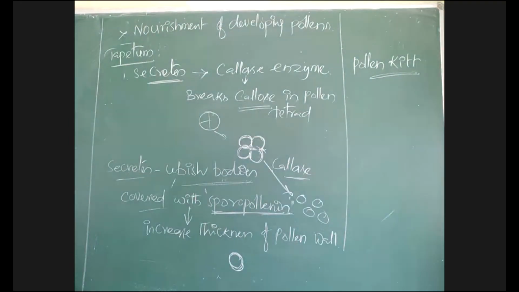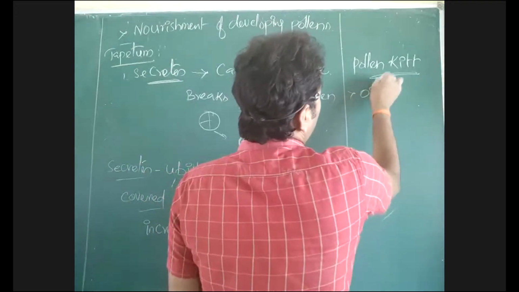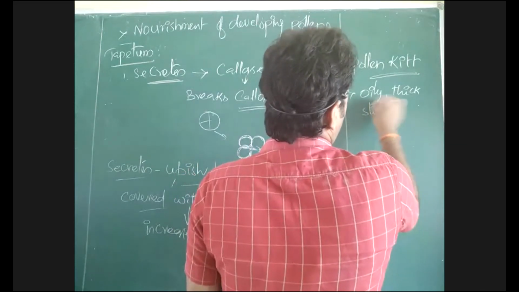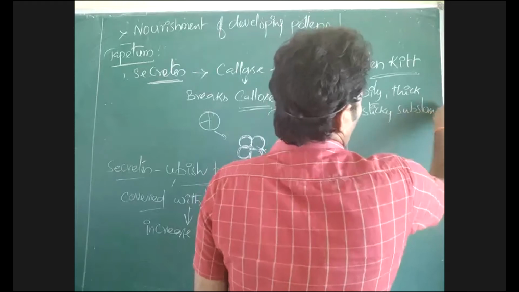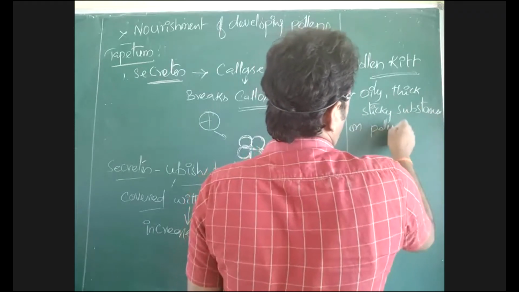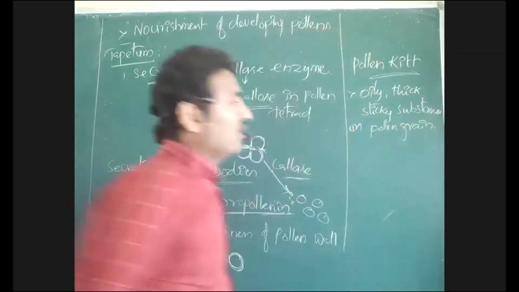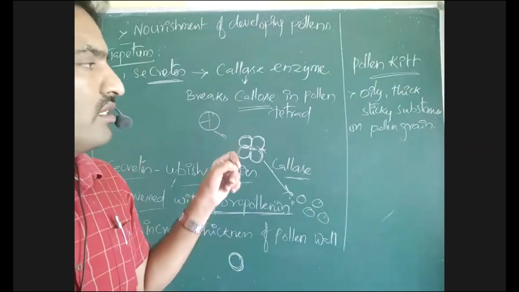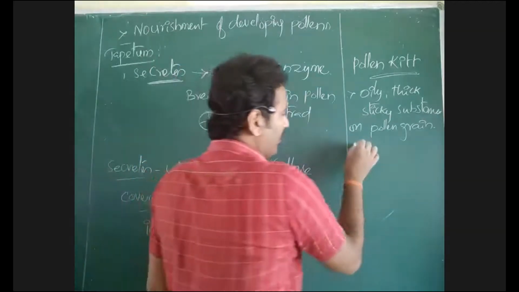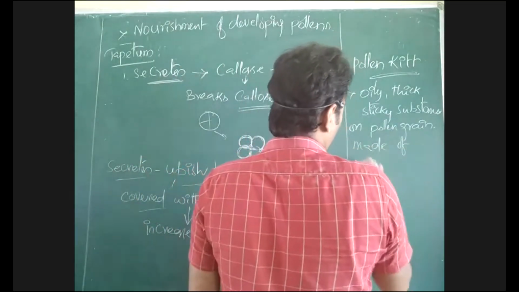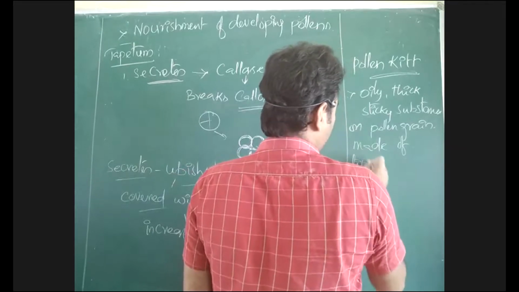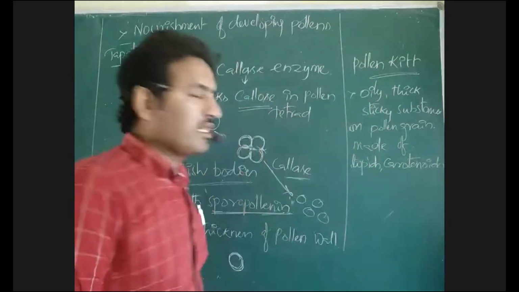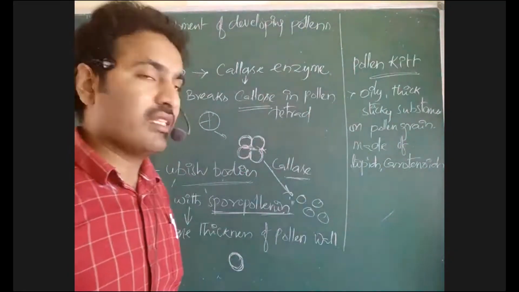Pollen kit is an oily, thick, and sticky substance on the pollen grain, which is made of oils, lipids, and carotenoids. That is called pollen kit.